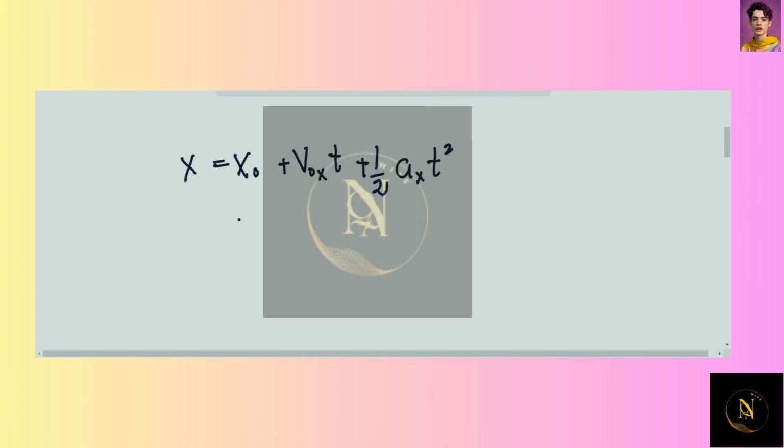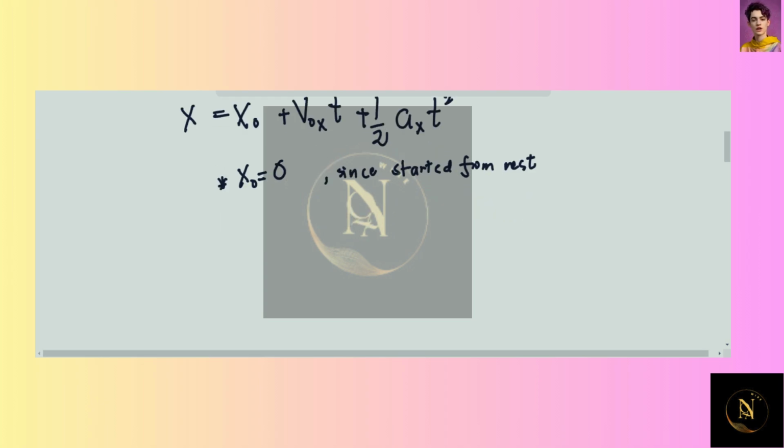Since it starts from rest, then x sub naught is equals to 0, as well as its initial velocity is also 0. Then this reduces the equation of the distance to x is equals to 1/2 a sub x t squared.